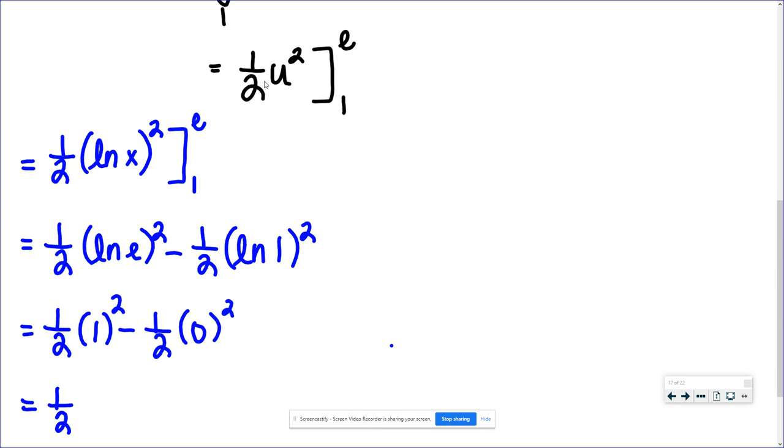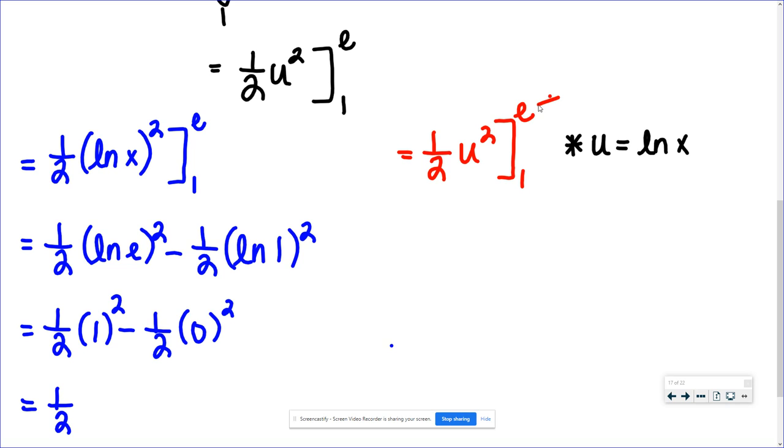Okay, option 2, let me go back to where we left off here with the black ink, and let me show you the other alternative. So the other alternative is you can leave the u variable, but then that requires that you change the e and the 1 into terms of u as well. So remember, u is equal to ln of x in this problem.